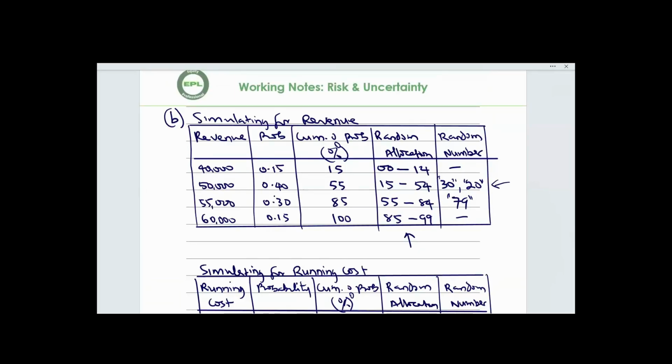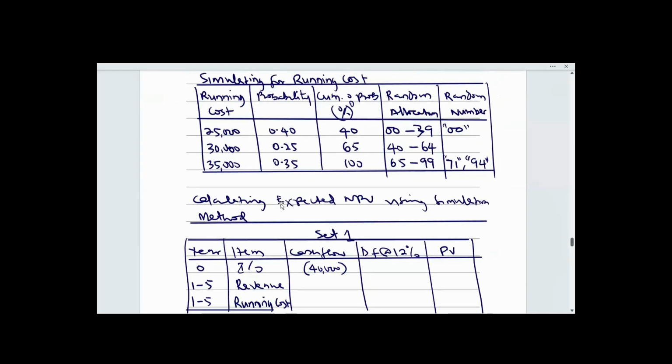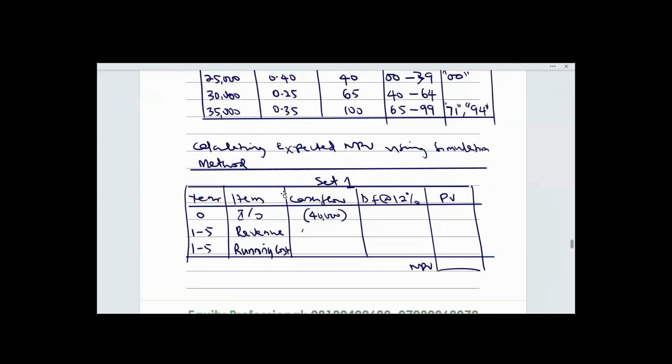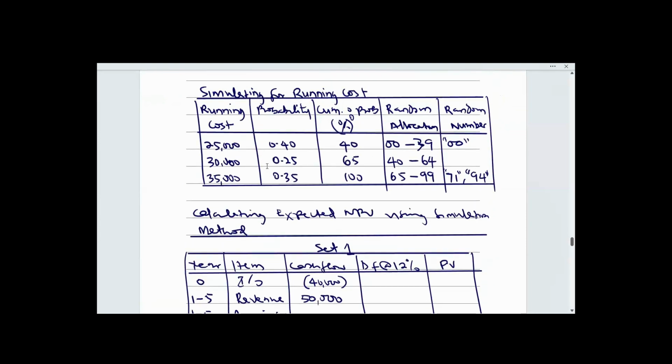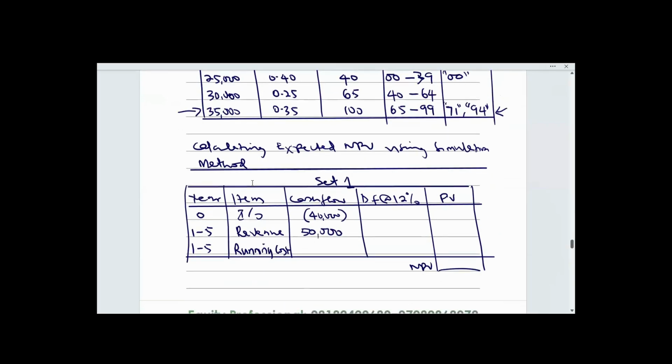Under 30, the revenue we have there is 50,000 naira. So here will be 50,000. Set 1 for running cost: what's the random number given? 71. This is where we indicated 71. So the cash flow is 35,000.